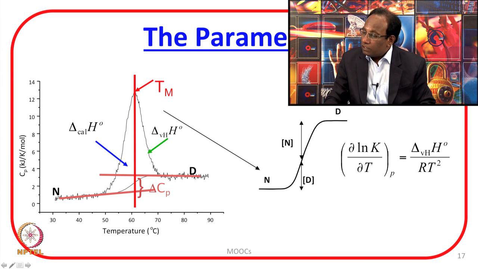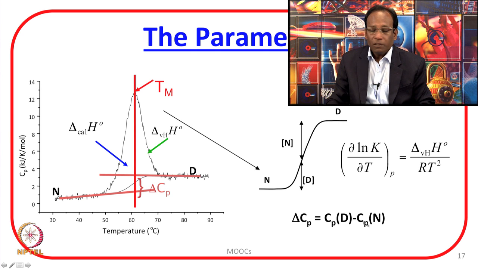And the difference in the heat capacity of the denatured state and native state is delta Cp, the change in the heat capacity. Delta Cp can be calculated from Cp denatured minus Cp native. This delta Cp is also very important and gives a lot of information that we will discuss in future.